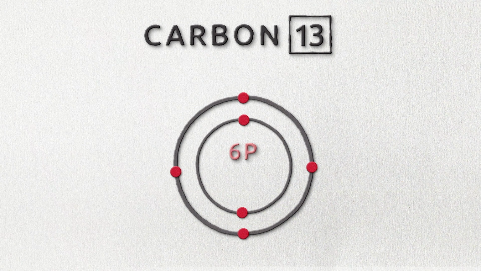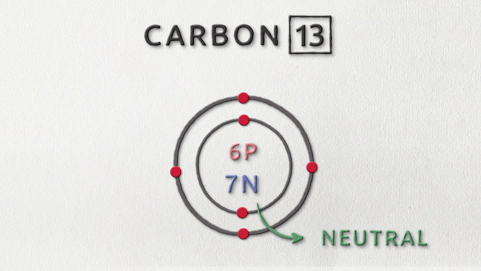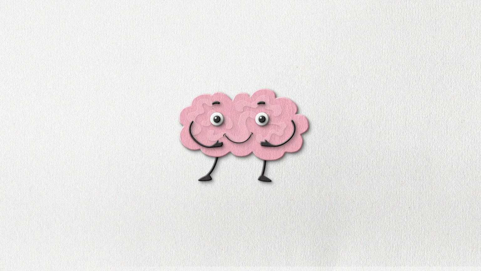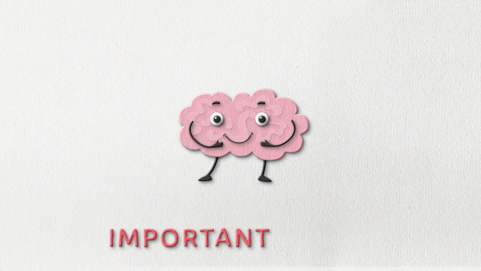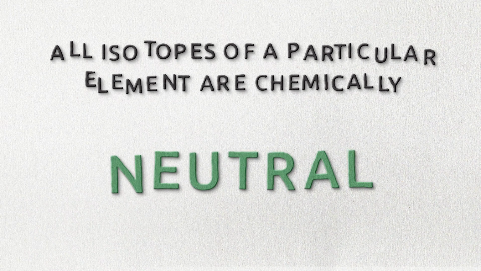So a nucleus of one atom of carbon-13 has 7 neutrons. And because there is no change in the number of protons, the electrical charge doesn't change, and an atom of carbon-13 is neutral, just like an atom of carbon-12. With that in mind, I need to highlight an important fact right now. All isotopes of a particular element are chemically neutral.